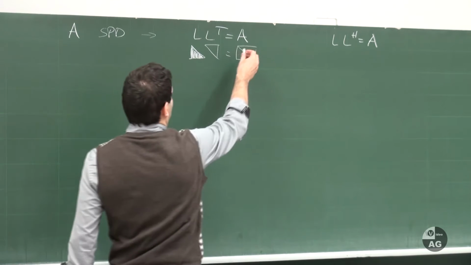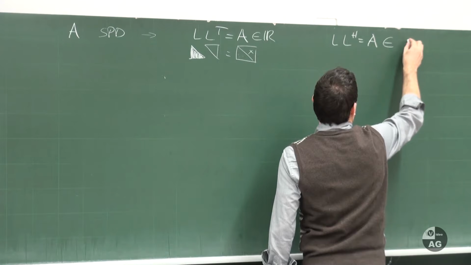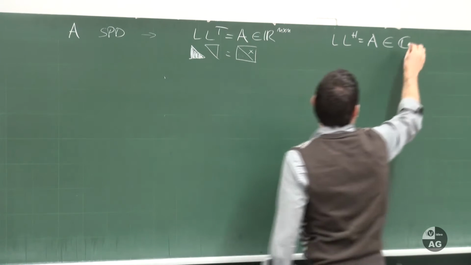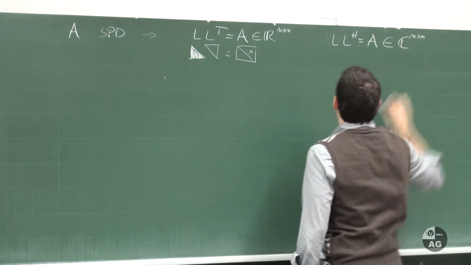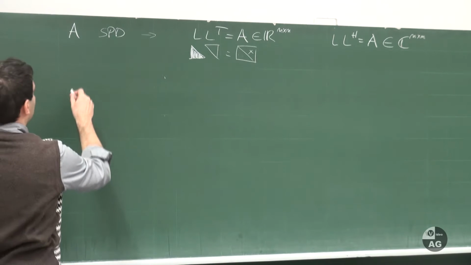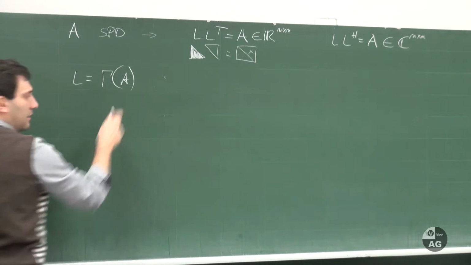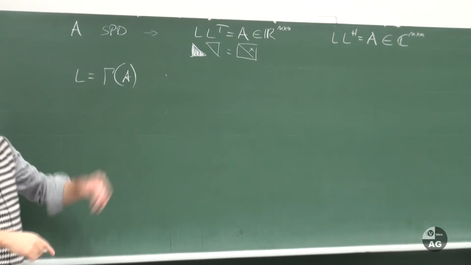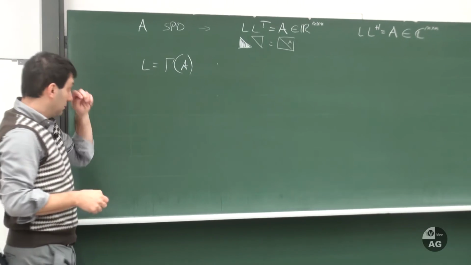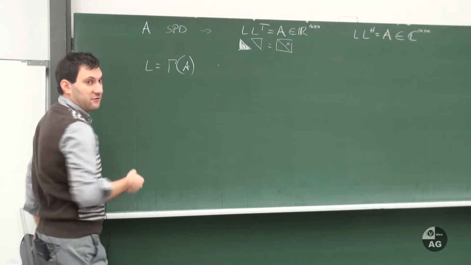So here A is in R and here A is in C. We also used gamma to indicate that A is an input, gamma is whatever operation, and L is the output. Gamma identifies the computation of the Cholesky factor L.